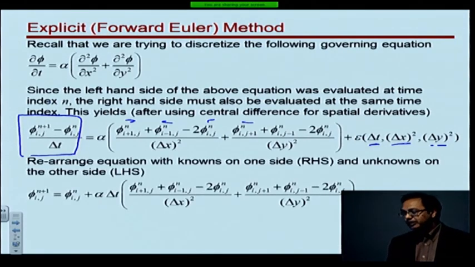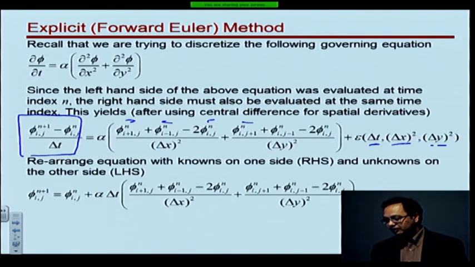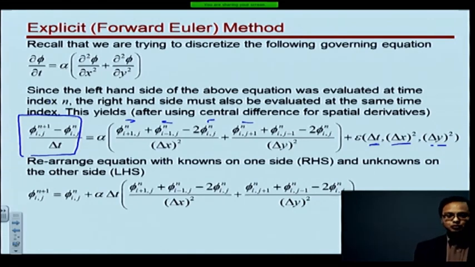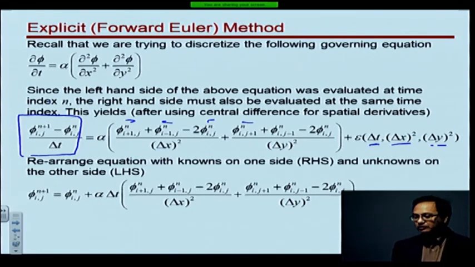And we can rearrange that to write it in this manner. Okay. So what I've done here is I have put everything with index n on the right hand side and everything with index n plus 1 on the left hand side. So we are trying to calculate present time step values based on old time step values. Why?